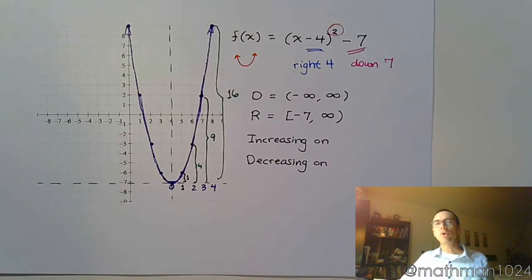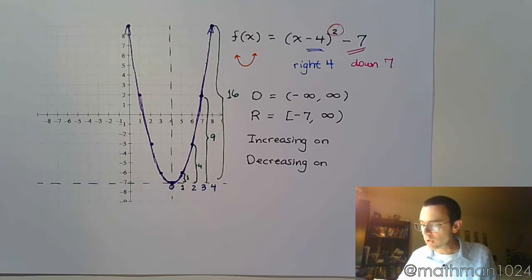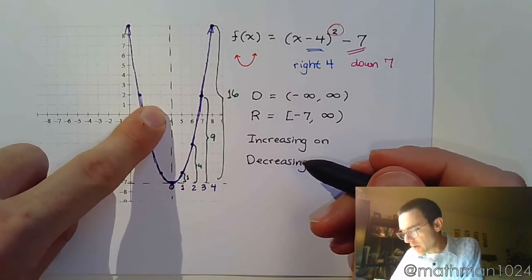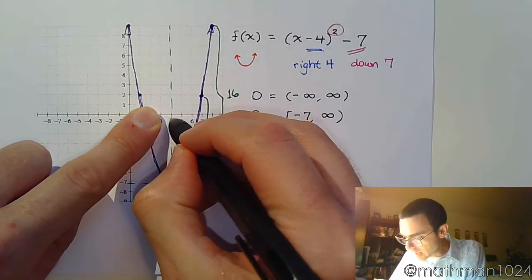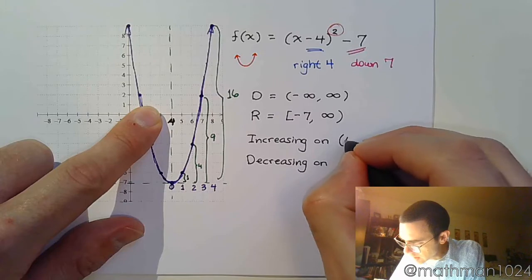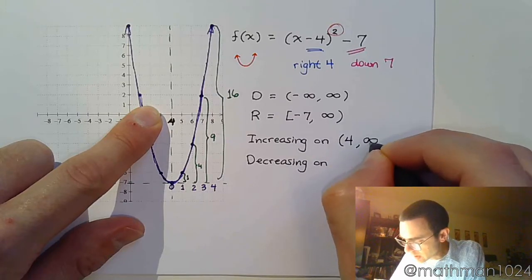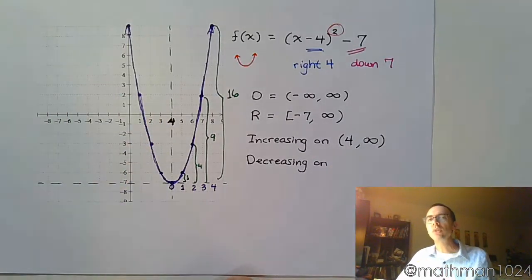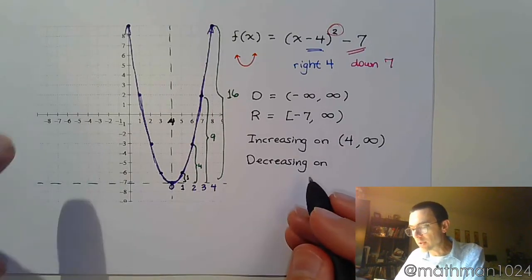And so we want to talk about over what values of x, over what parts of our domain, are we increasing. Well, you don't start increasing until you get right here. See what that is? That's an x value of 4. So you're increasing from 4 to infinity. And keep in mind that these are open intervals, just like we mentioned. But you're decreasing on the left half of this.